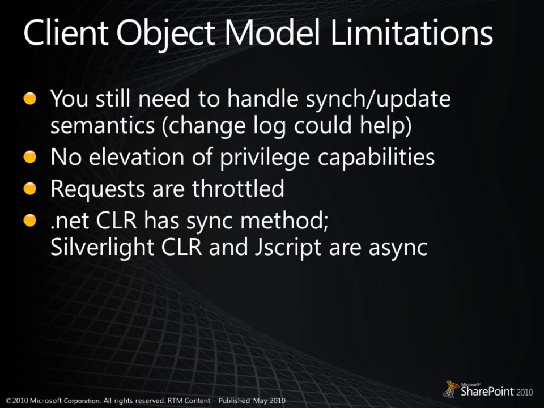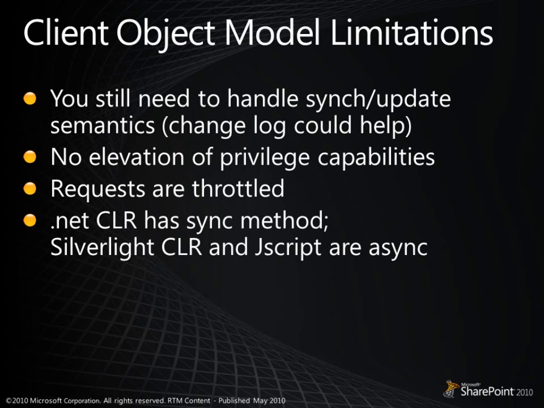This means that you'll need to handle the cases where you have loaded the information in the client object model and somebody has since changed this information on the server. For instance, if you loaded list information into a client OM and then the data was changed by a user on the server, you might see conflicts when you try to apply your client object model updates back to the server.